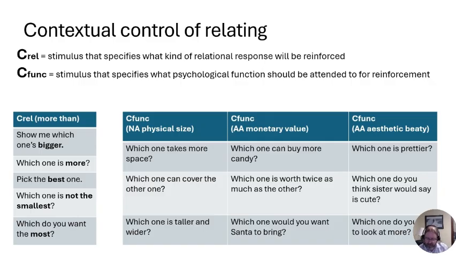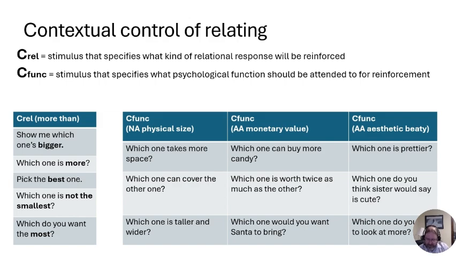So I've got a table here to give some examples of how this works. When we talk about a relational frame of, say, comparison, so here we're talking about more than, less than, that's a frame of comparison. There isn't an absolute, this is exactly the way that we say it. Remember, it's an operant that's defined by its functional properties, by what it does.